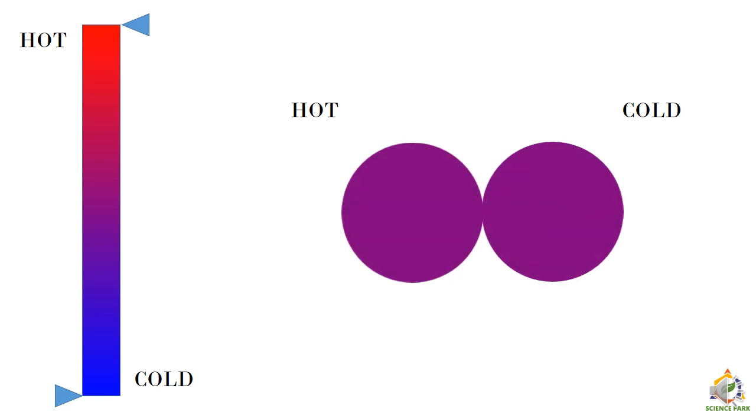After some point, the temperature of both objects will become the same. In this case, the heat is transferred from the hot object to the cold object, or from the object at higher temperature to the object at lower temperature.